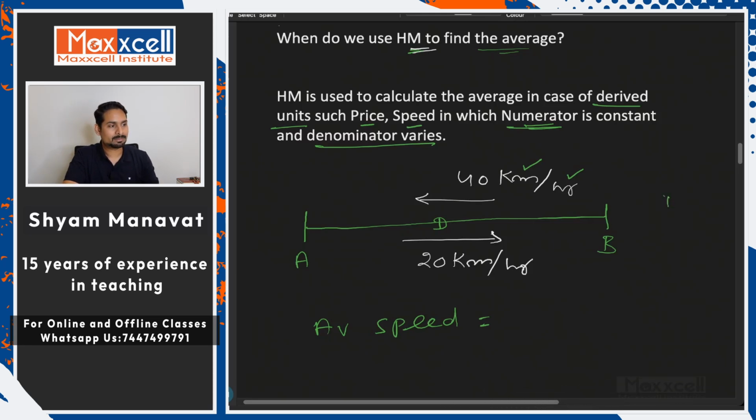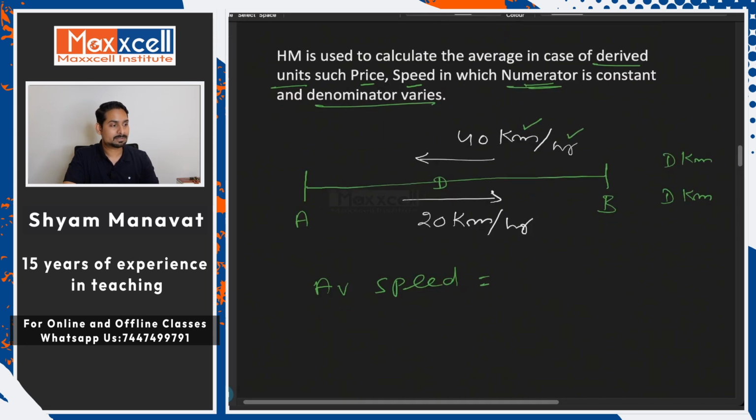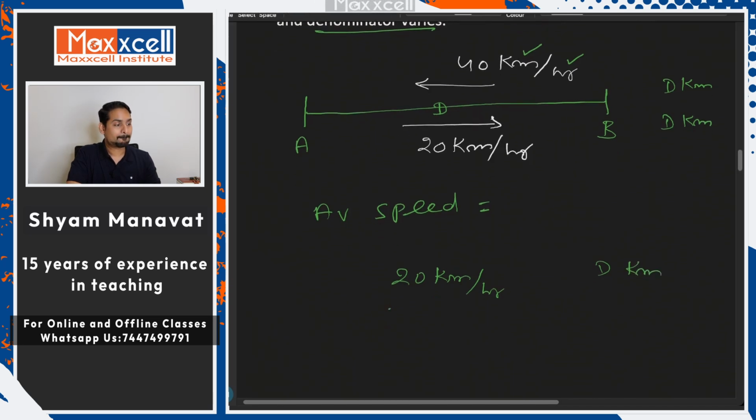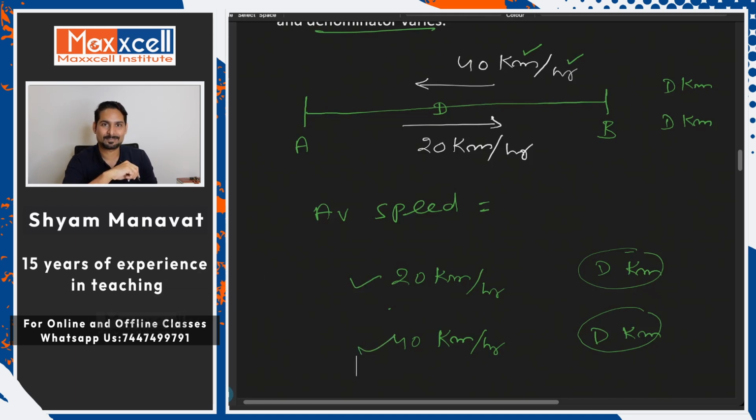With 20 kilometers per hour you cover d kilometers, the distance between A and B, and while coming back with 40 kilometers per hour, you still cover d kilometers. So the kilometer here is the same in both observations.